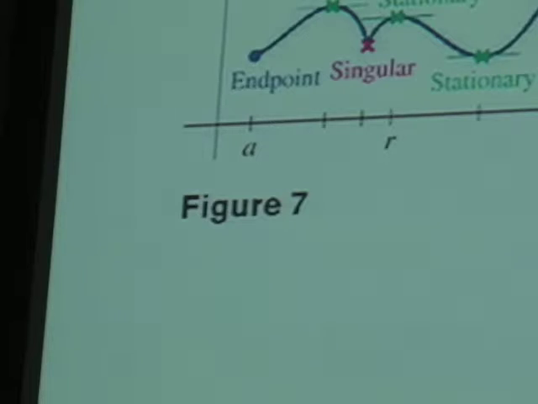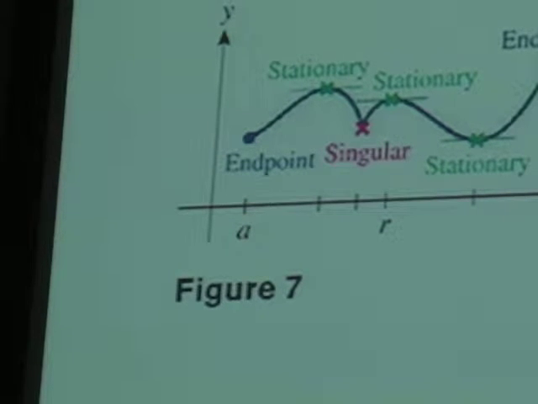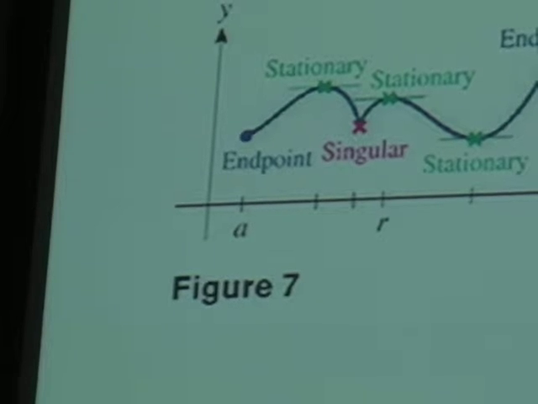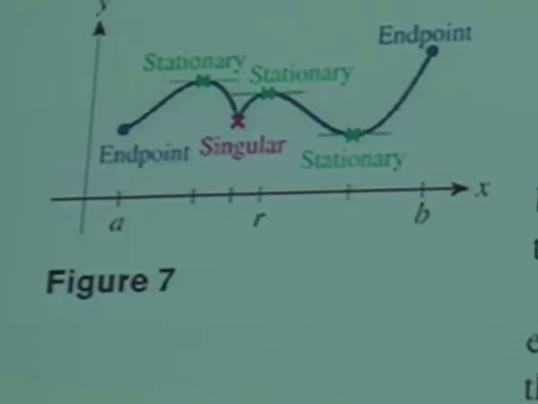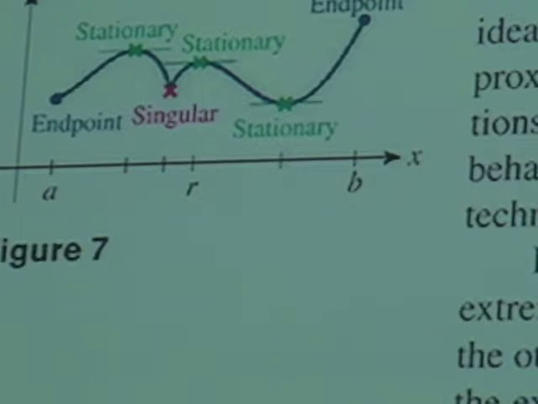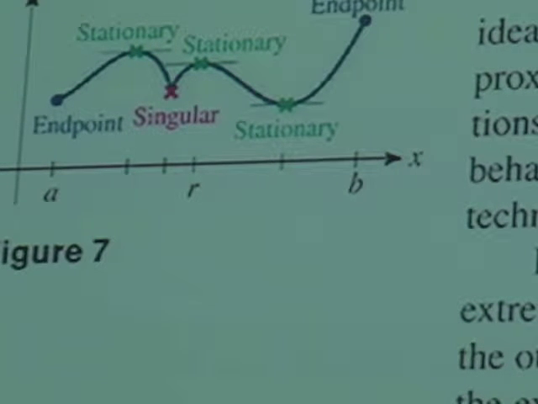There's a relative minimum in figure 7 at x equals q. I don't see x equals q at all. It's weird. Where is x equals q?